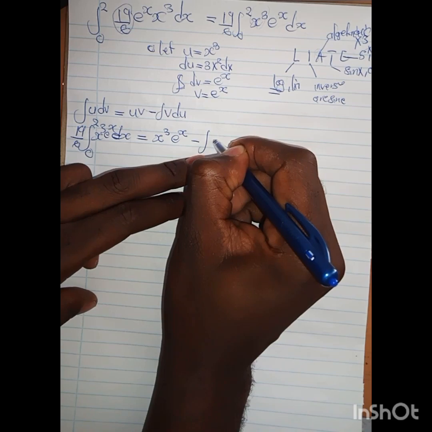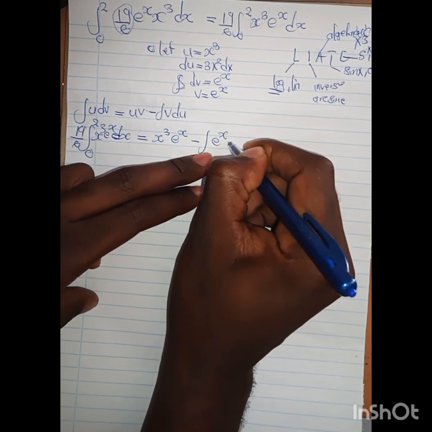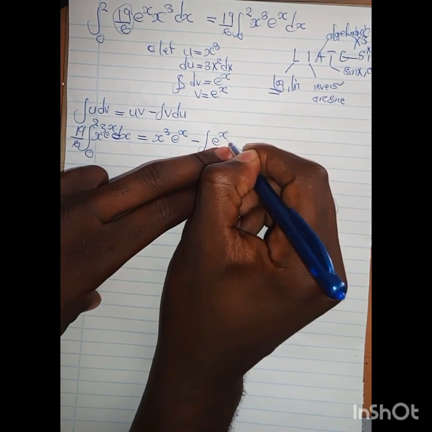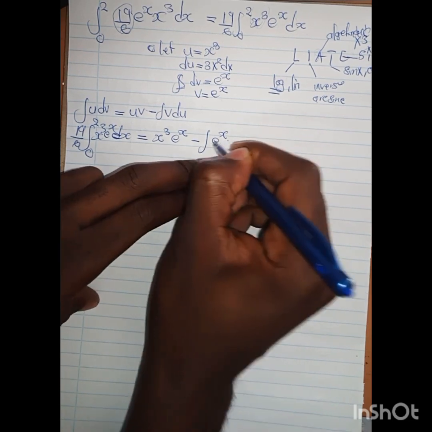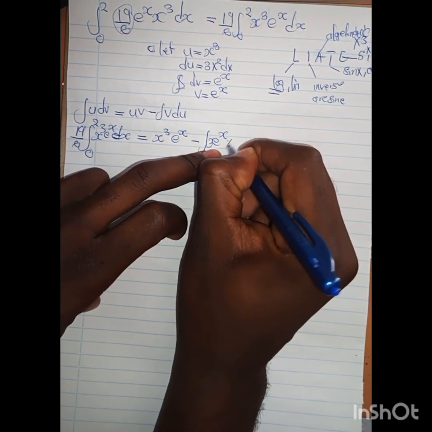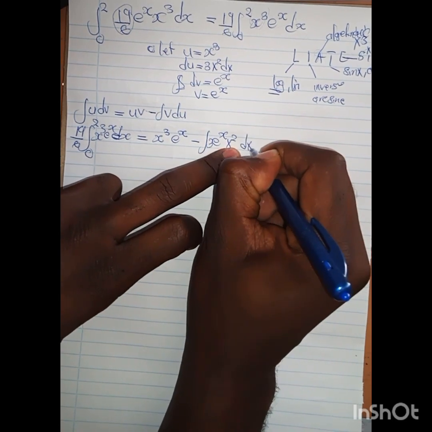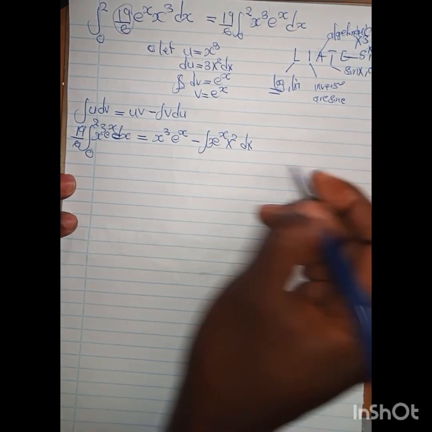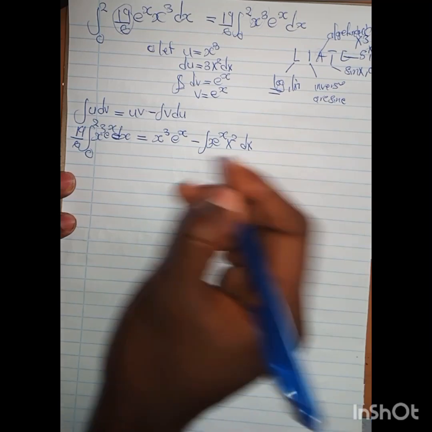So now we'll have e to the x. Then instead of writing this 3 in front right here, let me write it in front here. All right, then x squared dx. This is what we have. Then this is a constant. I will take it out.